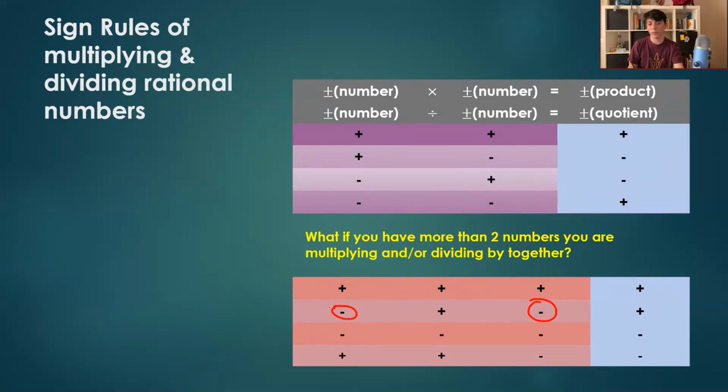So in here, let's say we're multiplying -2 times +2 times -2. -2 times +2 gets us -4. -4 times -2 gets us +8.